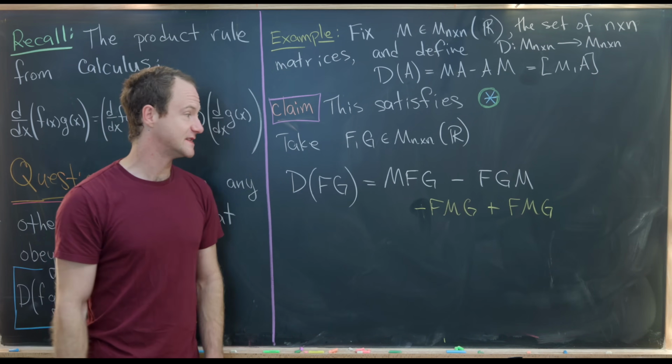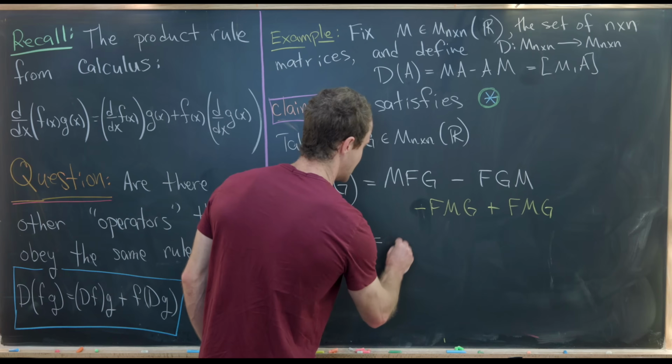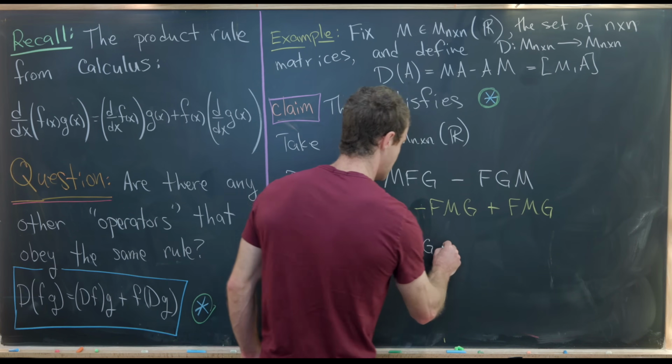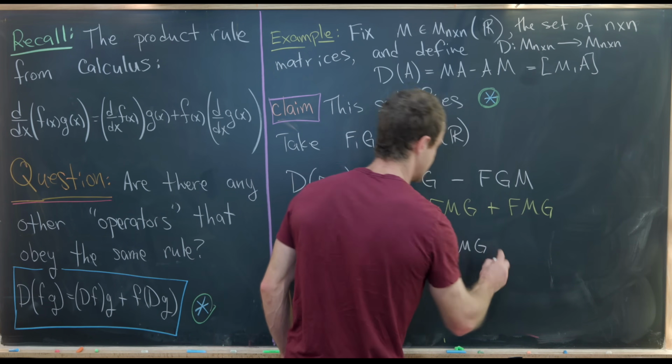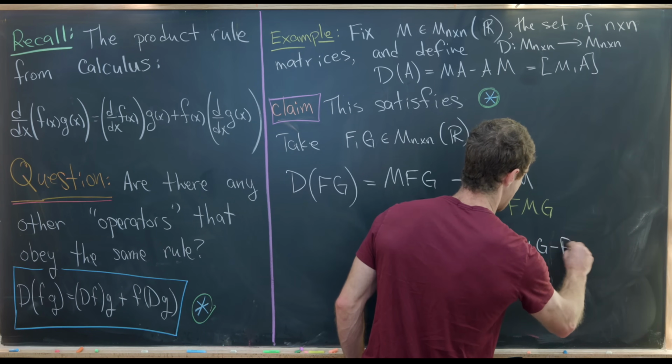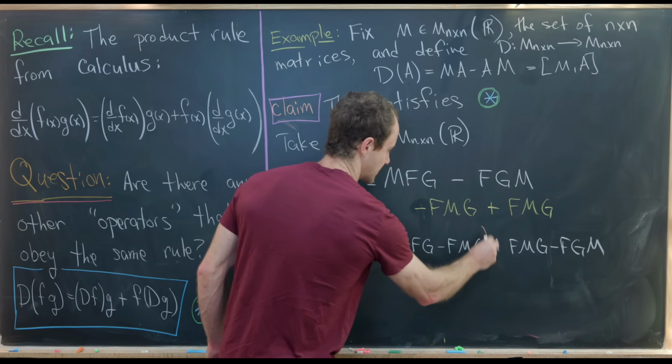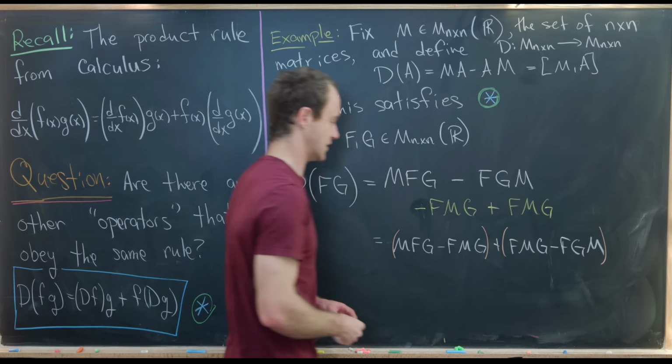But we can group these things together and then factor. So let's group it like this: MFG minus FMG plus FMG minus FGM. We'll group the first two terms and the last two terms.